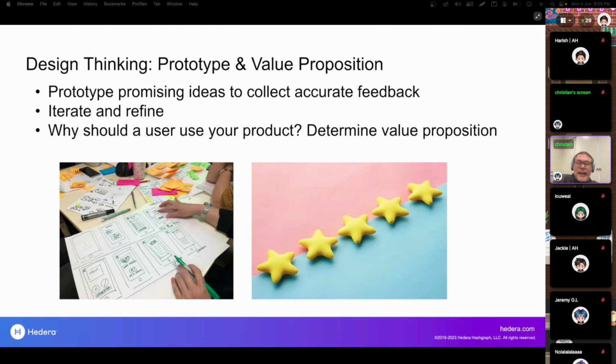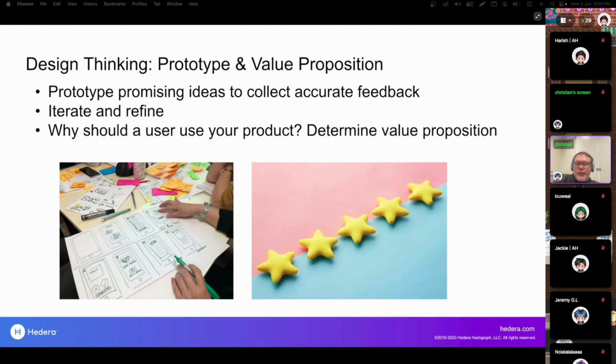You can do that via a wireframe type of approach. Something like Figma is a great tool where you can quickly build up a flow of how your prototype is going to look. Then you really start to dial that in.